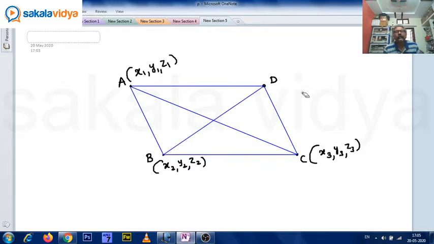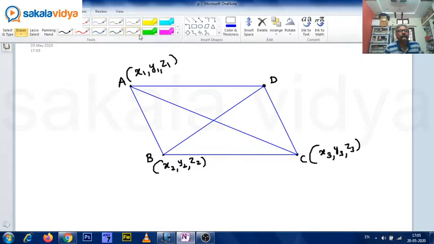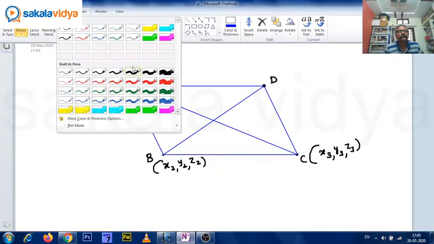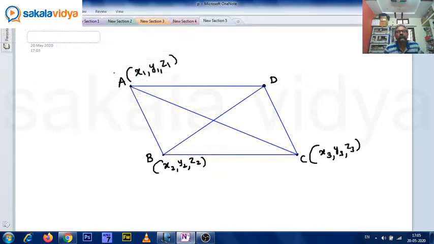So now we need to find out the D vertex.